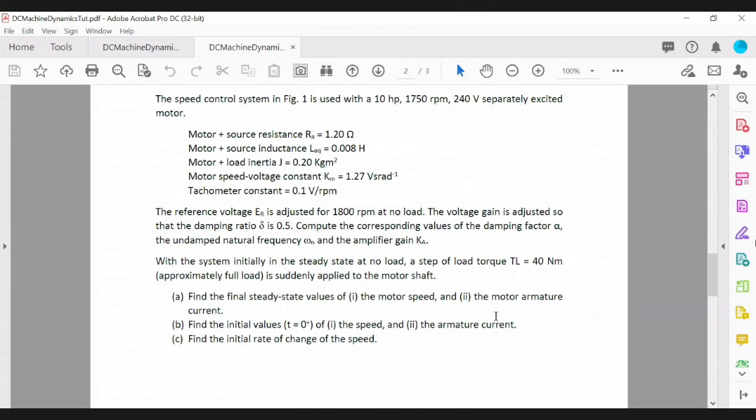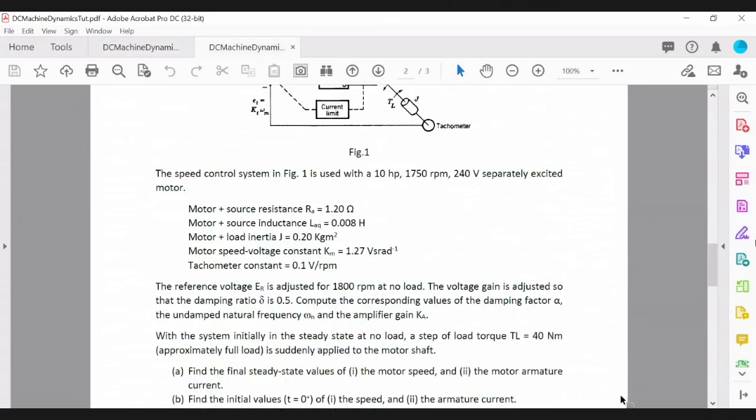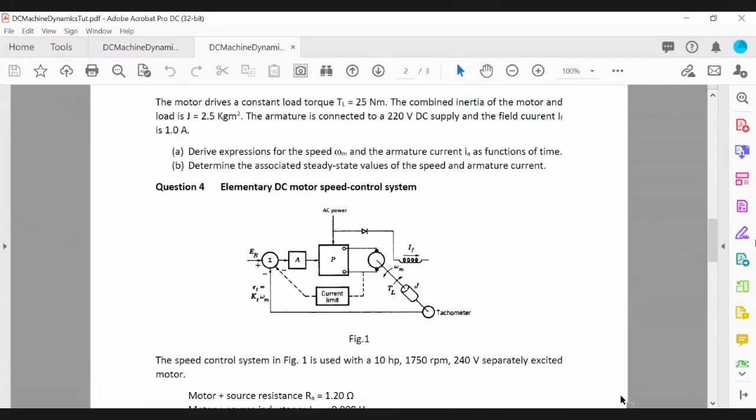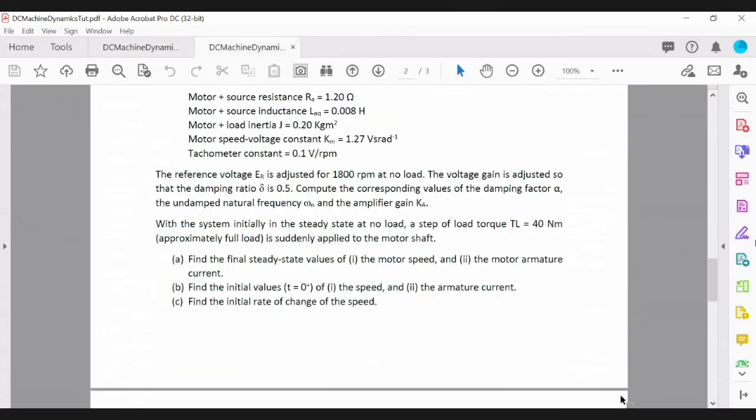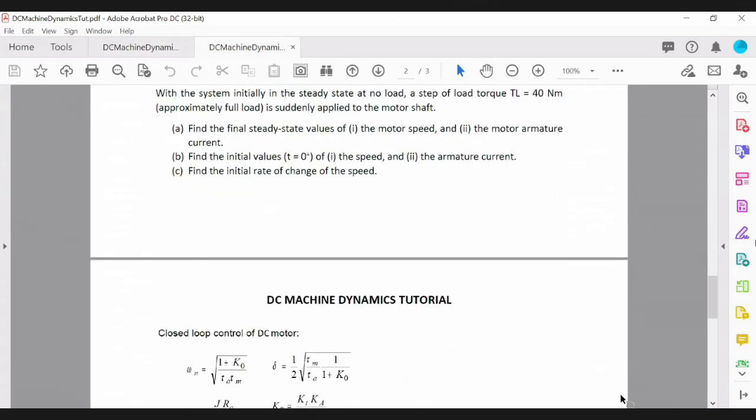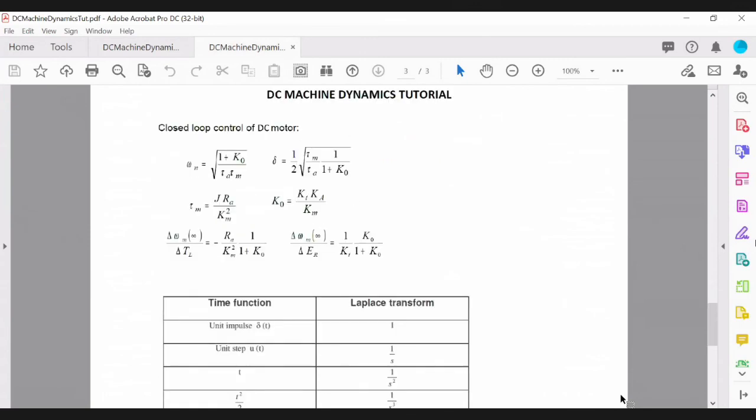And also you must be able to apply the equations, for example, for the armature voltage and also the armature current in Laplace form, so that you can solve it for the time domain eventually to get the final values. So just take note that normally this is provided in the test question.